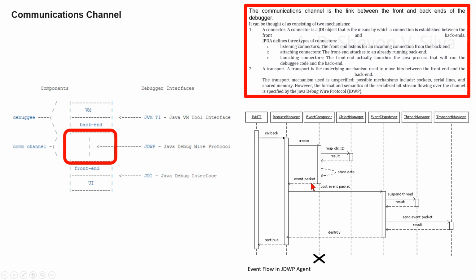3. The request manager passes the created event composer to the event dispatcher. 4. The event dispatcher extracts the event packet and sends it to the debugger via the transport manager.